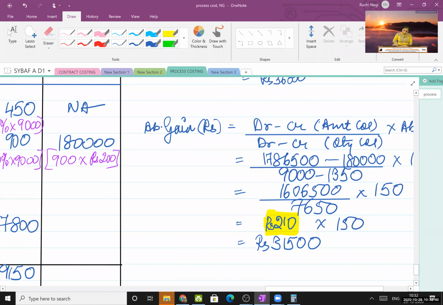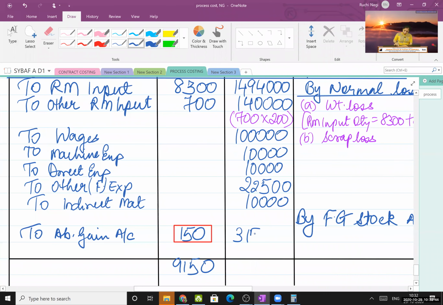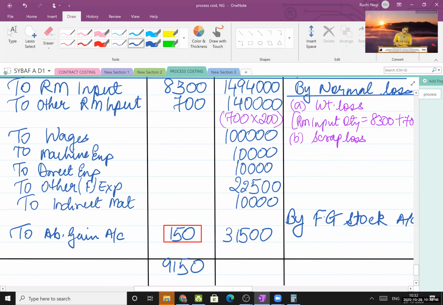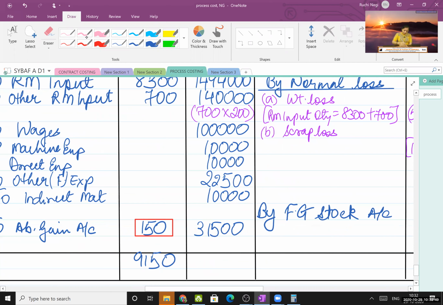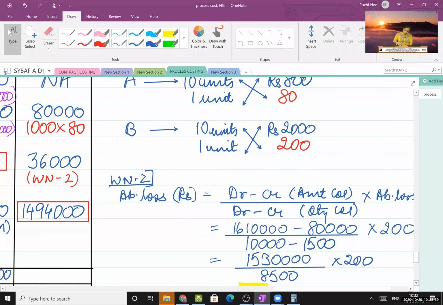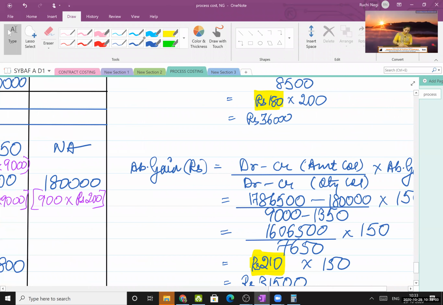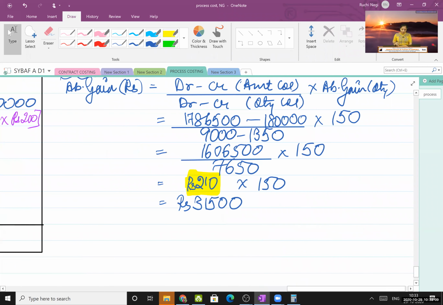Right here 31,500. And you can mention your working data. 3. Yeah. So working data is 2 and this is 3. Okay.